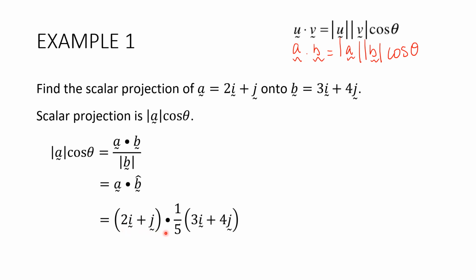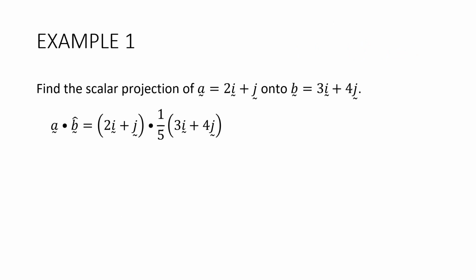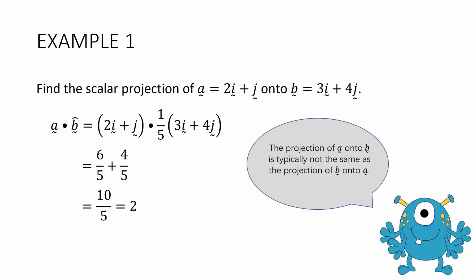This is A dot, there's 1 over the magnitude of B, and this is B. Now doing the dot product, 2 times 3/5 plus 1 times 4/5 gives me 6/5 plus 4/5, which is 10 over 5 or 2. That's the length of the projection of A onto B. Now here's a note. The projection of A onto B is typically not the same as the projection of B onto A.